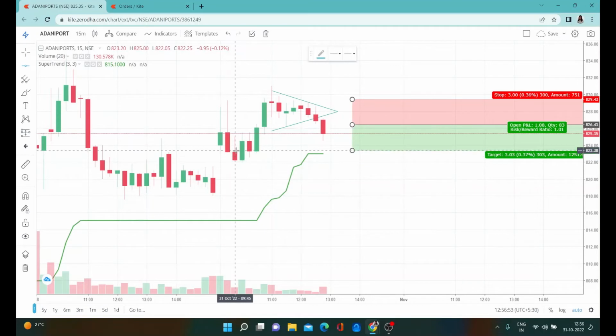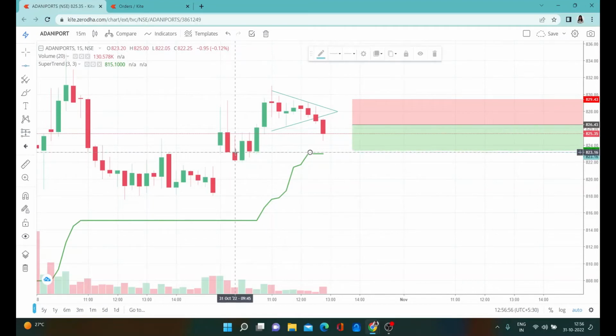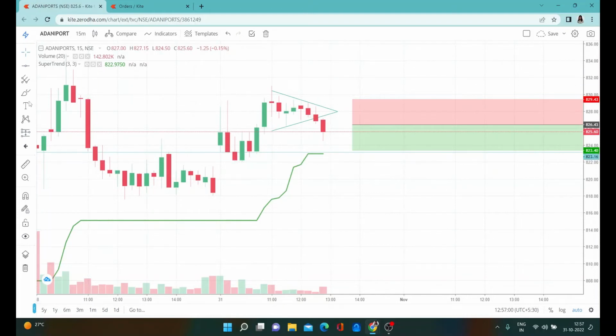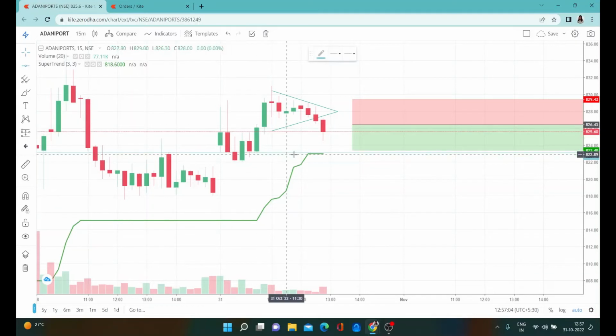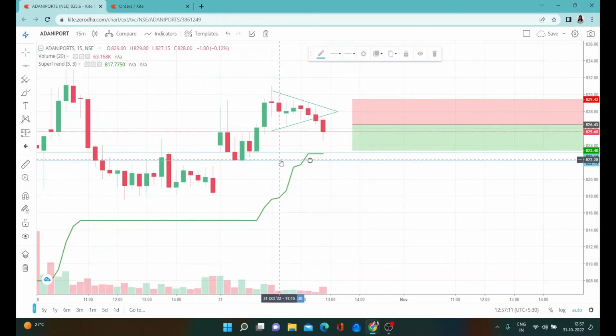You see, this is a support zone. From here to here, this is a support zone. Okay, this area, from this horizontal line to this horizontal line, is a support area for today.